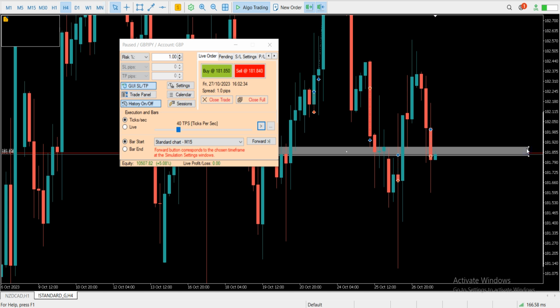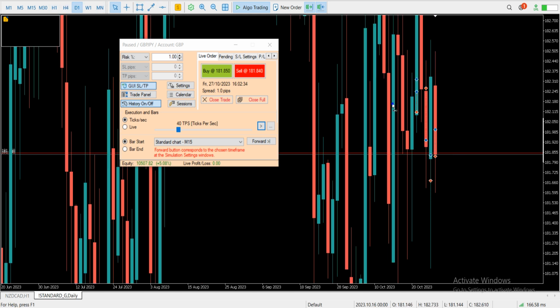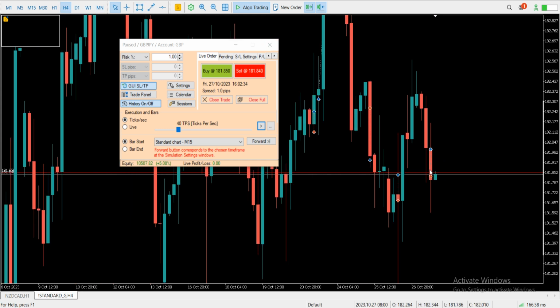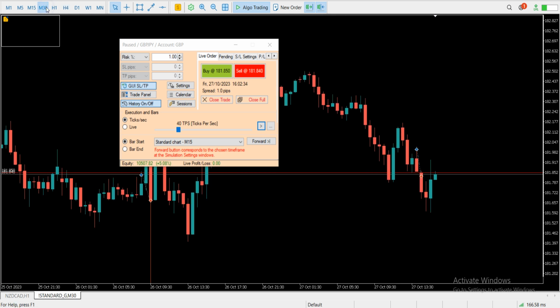Okay, delete this. What could I have done better? Maybe I should have waited for the 4-hour to create support and then take a buy. Yeah, taking a buy in this down move was riskier. But anyway, we have that support formation.